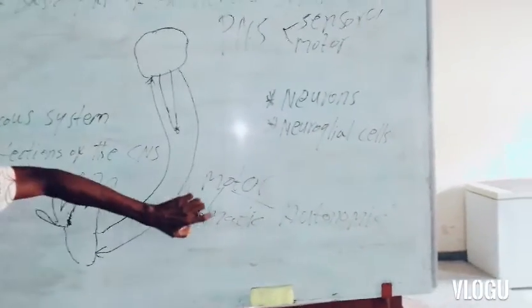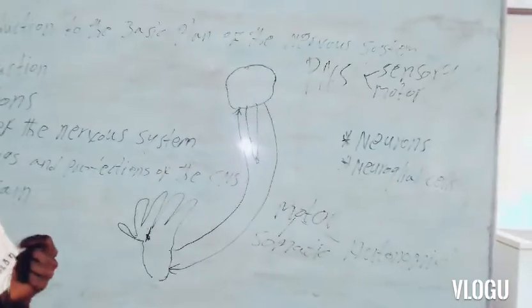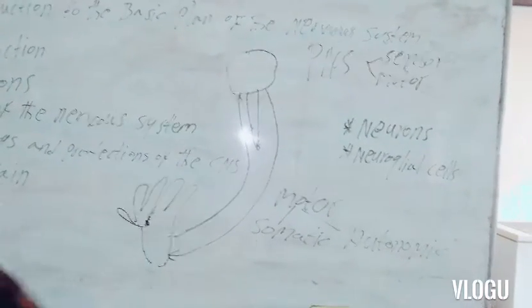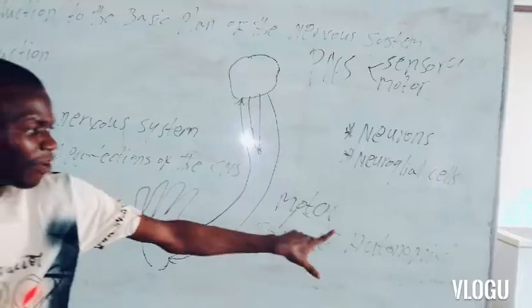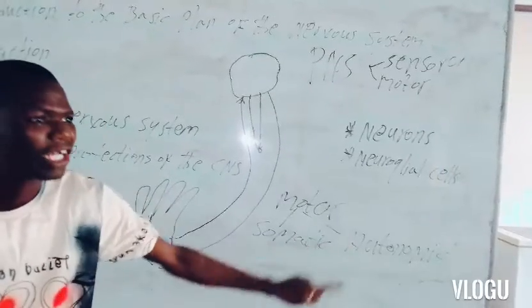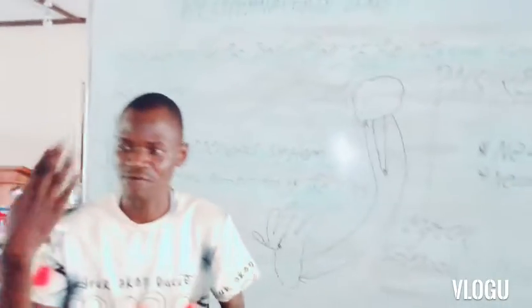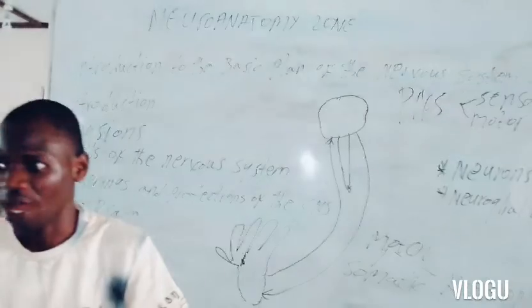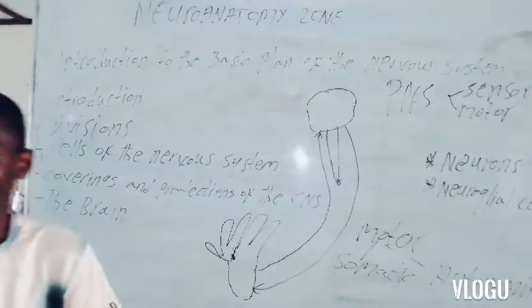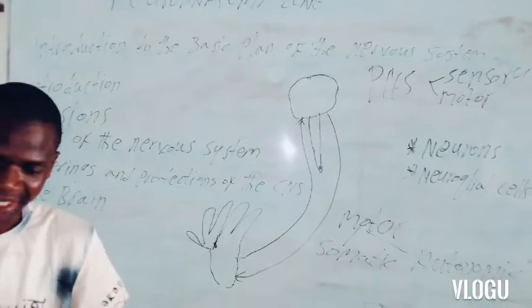The somatic nervous system is involved with skeletal muscles and all voluntary activities. While the autonomic nervous system is involved with all involuntary activities like rest and digest, the beating of your heart, the movement of the muscles of your digestive tract.